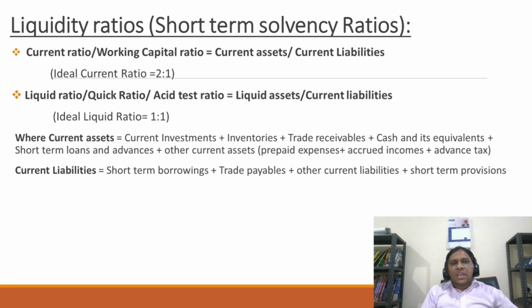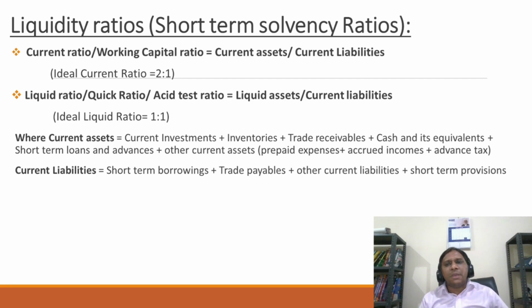If the current ratio is less than 2:1, the company is not capable enough to pay off its current liabilities. Whereas if the current ratio is more than 2:1, that indicates that the current assets may be idle.